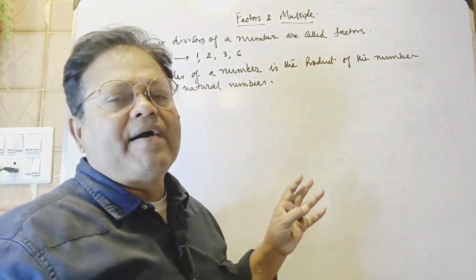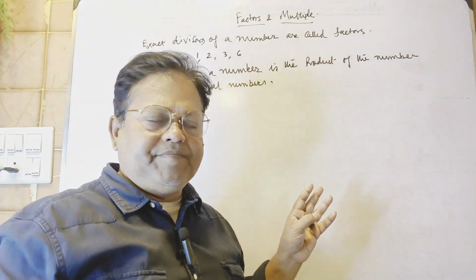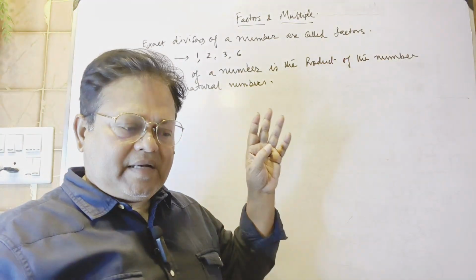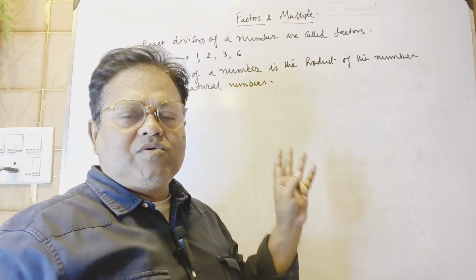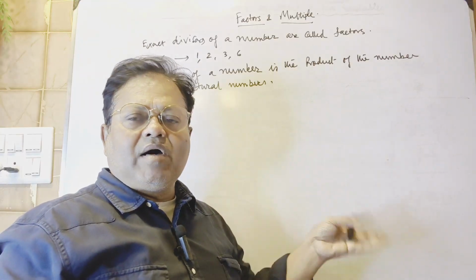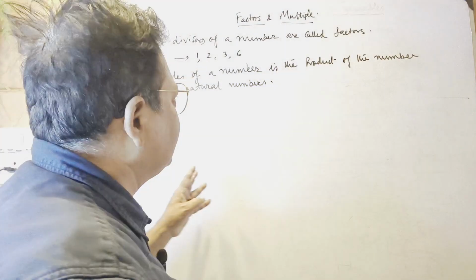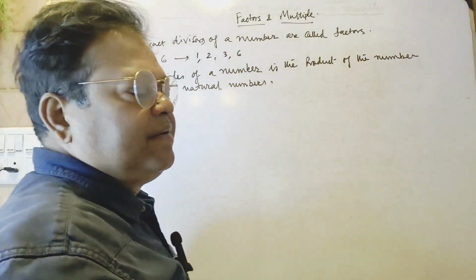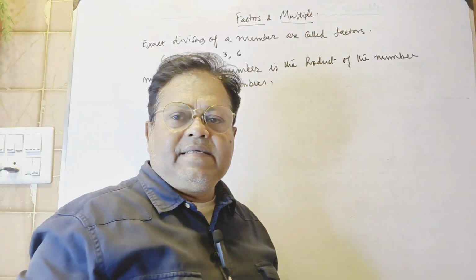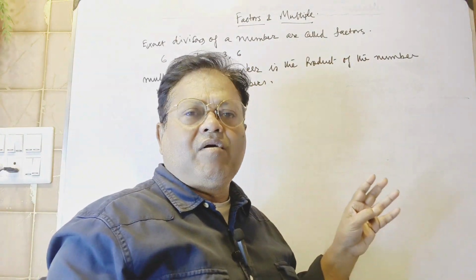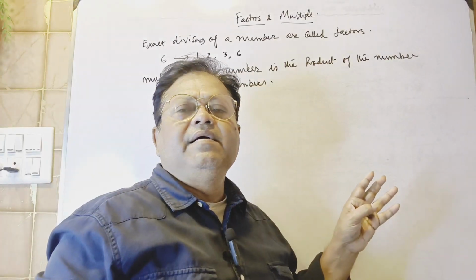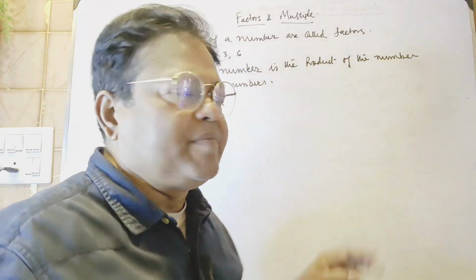So a number has an infinite number of multiples. That is, that number into 1, into 2, into 3, into 4, into 1 lakh, into 1 crore, and anything else. But factors are limited. The number of factors of any given number is limited and countable.